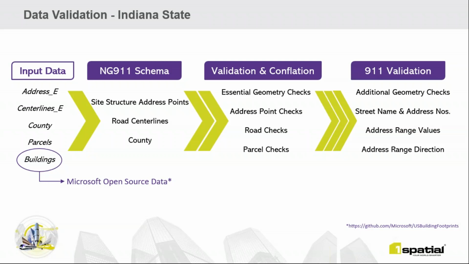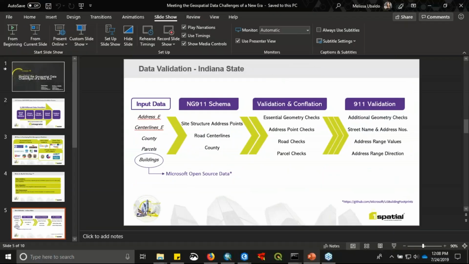And then with that standardized schema, we're going to run a series of validation rules that range from simple geometry checks, such as checking that the geometry is not null, simple attribute checks, such as checking that a road has a name, to more complex interfeature checks, such as checking that an address point must have the same property address as the parcel that contains it. And then we have some 911 validation rules for road addresses here as well, such as checking that road address ranges do not overlap. So let's take a look at the sample data that we'll be feeding into the engine.